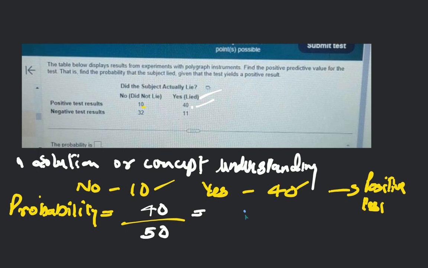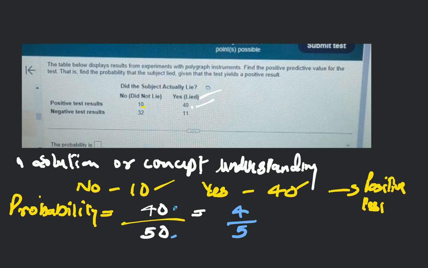Can we divide 40 and 50 by 10? Yes, okay, so it would be 4 over 5. Now, till here, all the steps are clear: how we got 50, and why it is 40 over 50.